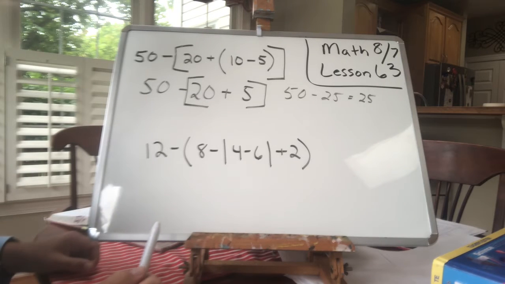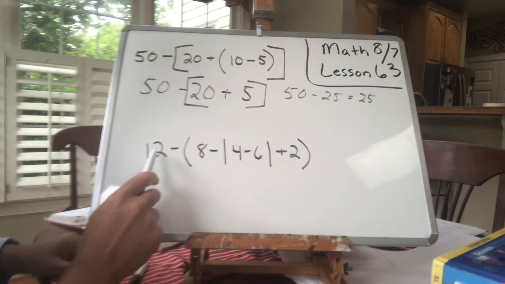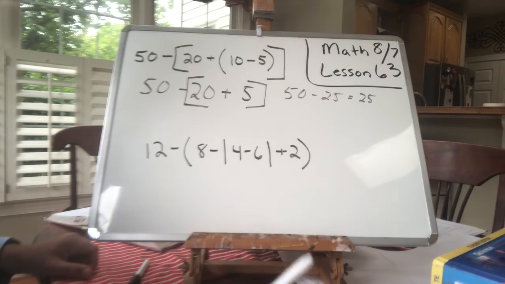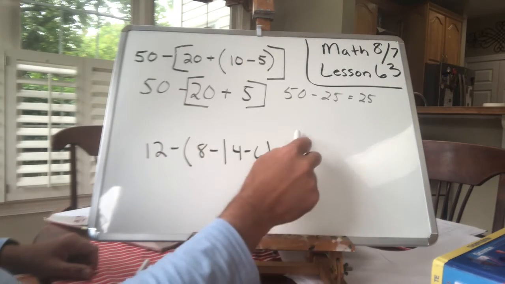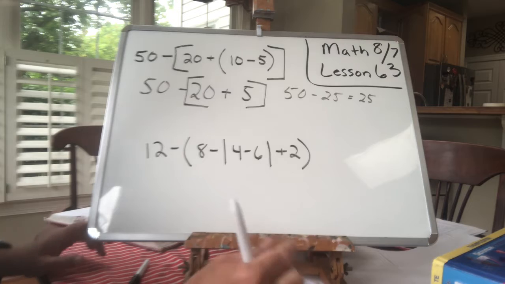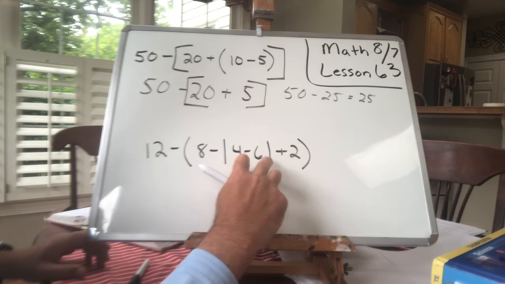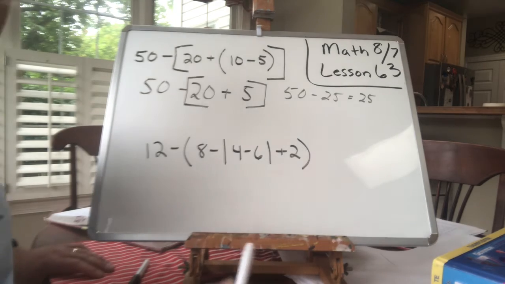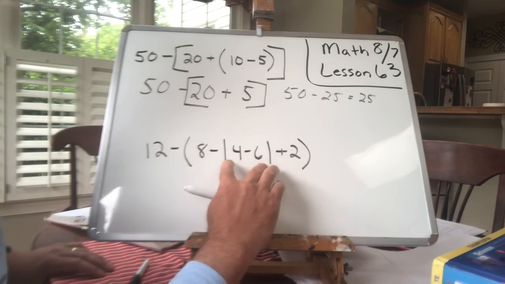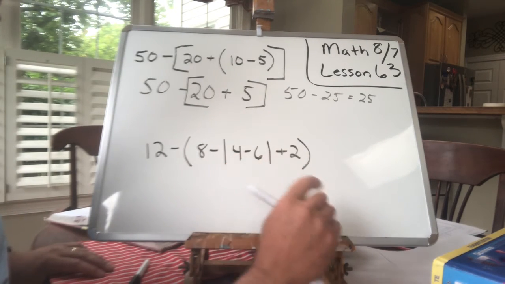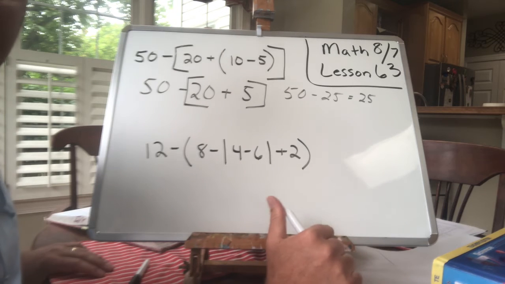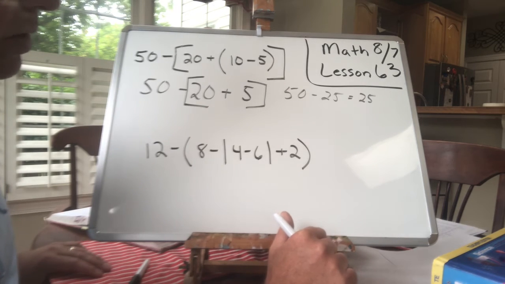Next example that they give us is right here. Okay? I have parentheses right here, but inside of that I have these two straight lines. I'm not sure which lesson these two straight lines come from, but these straight lines are called absolute value. I still need to solve for it.